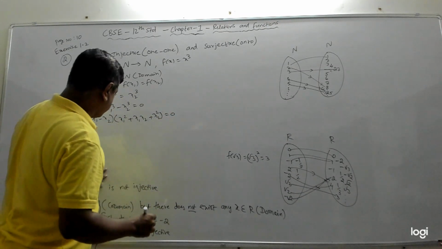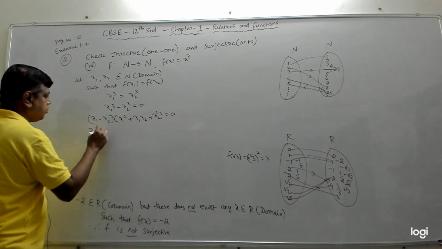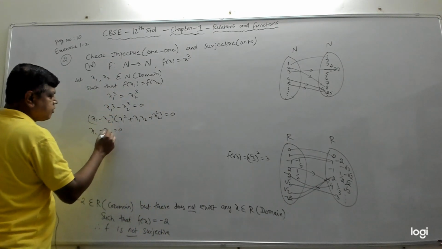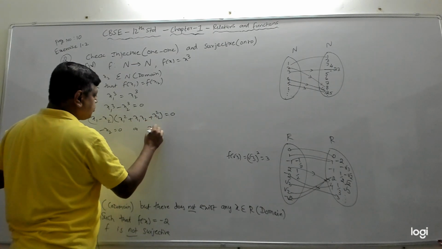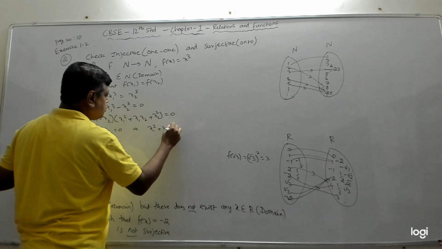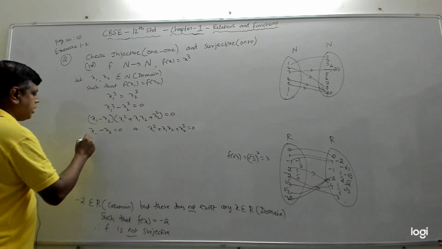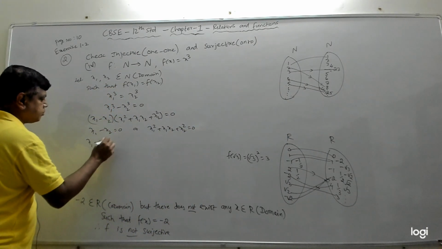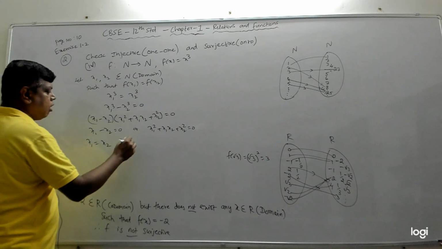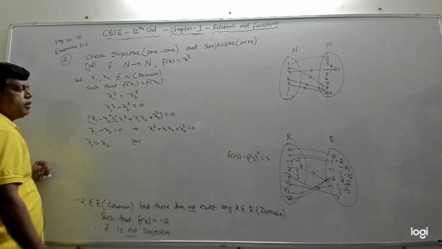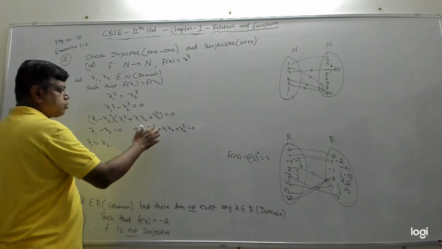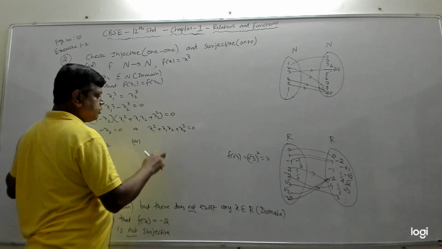Now this tells us either x1 minus x2 equal to 0, or x1 square plus x1 x2 plus x2 square equal to 0. Now here you get x1 equal to x2, or here we have to solve for x1 in terms of x2. So this is a quadratic equation.